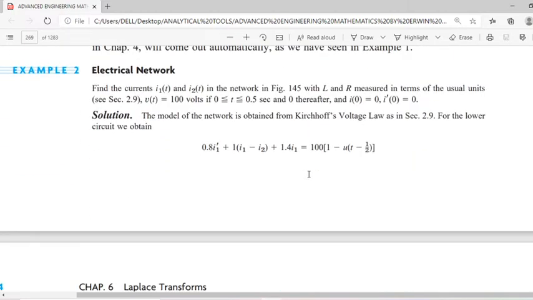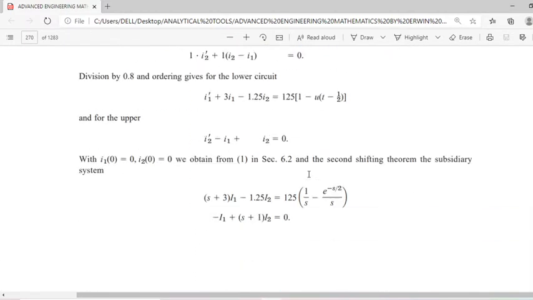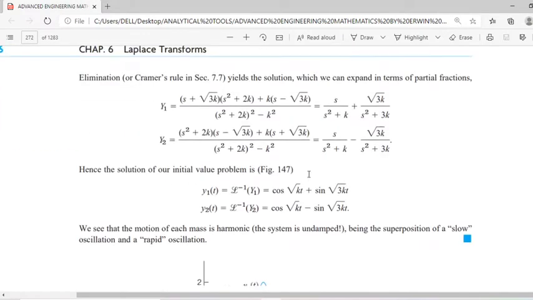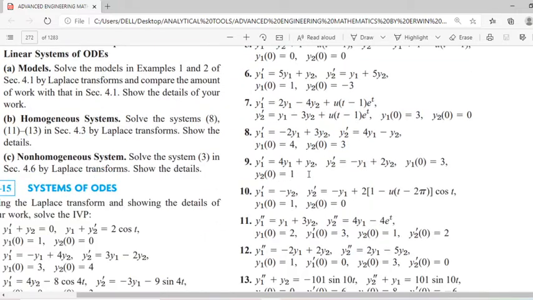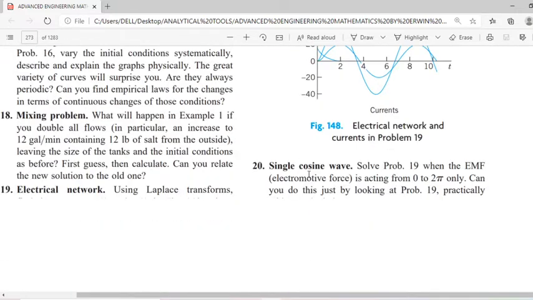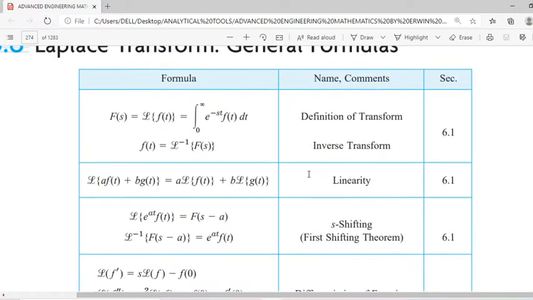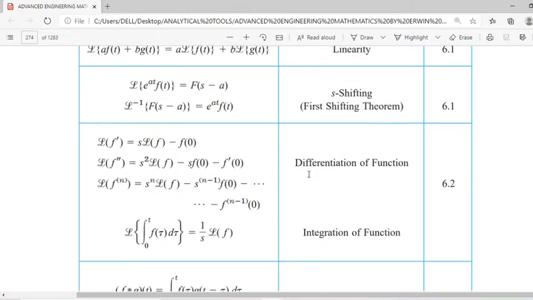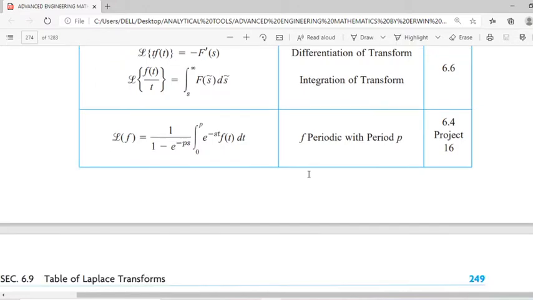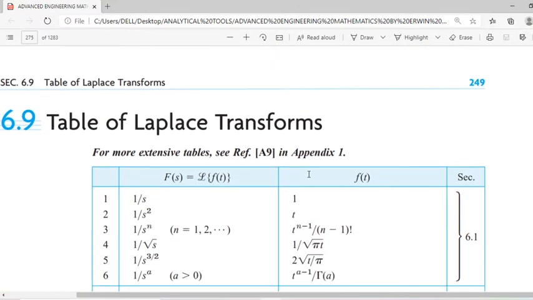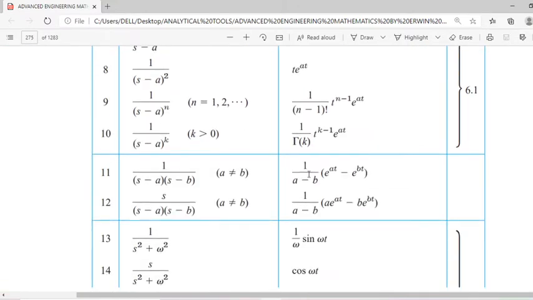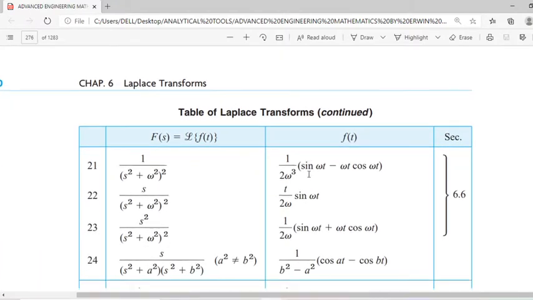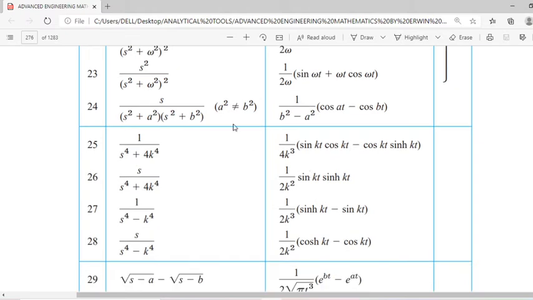Another case we will discuss this. These are general formulas. We have already discussed all these results, and I think we have almost completed the section of Laplace transformation. And these are the formulas you can derive, or I think some of the problems we have discussed.